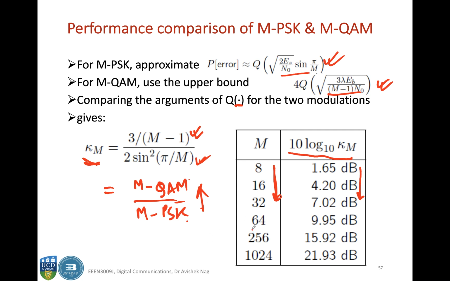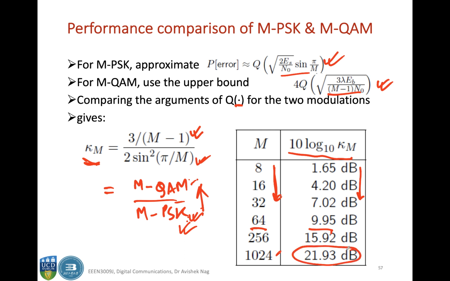If you have high M, then your M-PSK does almost 10 dB better compared to M-QAM. If your M is 1024, then your M-PSK is better than M-QAM by almost 22 dB.